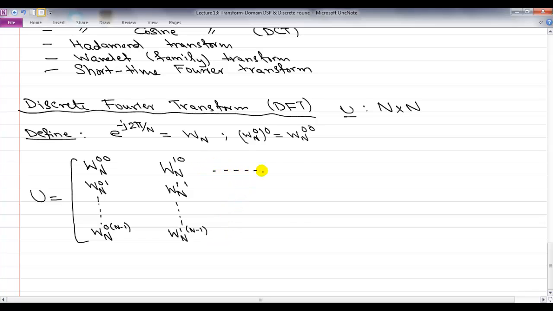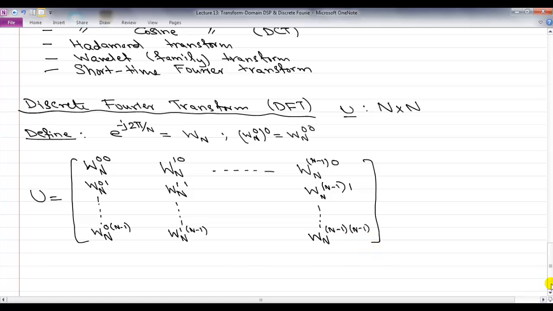And that's the way every column is defined, such that the last column is W_N^(n-1) and its 0th power. Okay, W_N^(n-1) and its first power. And that keeps on going up to W_N^(n-1) and its n minus 1 power.